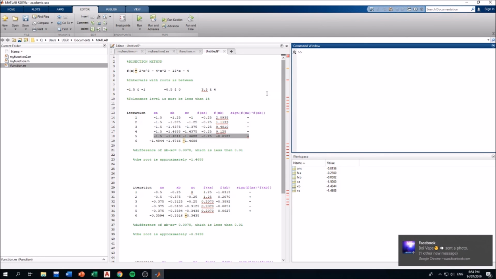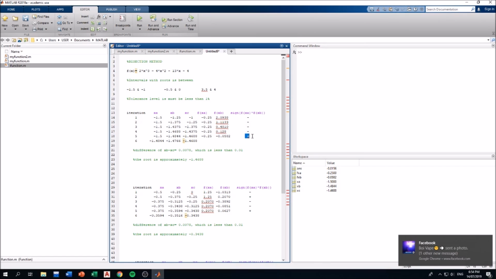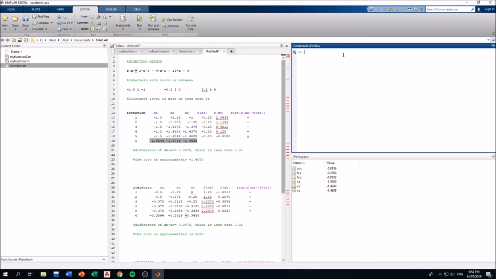So the last iteration is positive, so we need to make use of x sub b as our x sub a, as you can see, and our x sub c will remain the same. Okay, x sub a is now negative 1.4844.